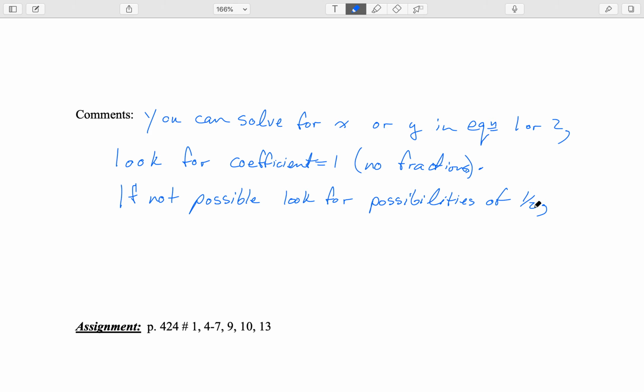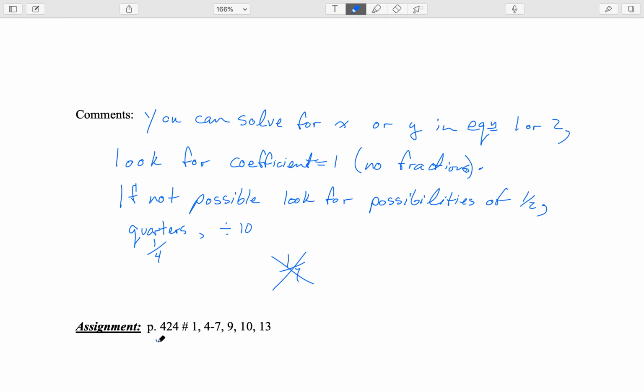Look for possibilities of dividing by 2, so you get halves, quarters. Maybe divide by 10, because that's nice since it turns into decimals. Quarters like 1/4, 3/4, 2/4 aren't that bad. They're way nicer than sevenths. You do not want to do things with sevenths.